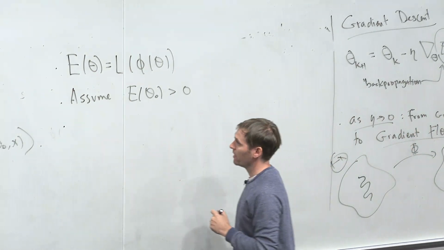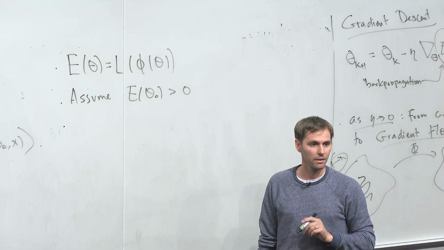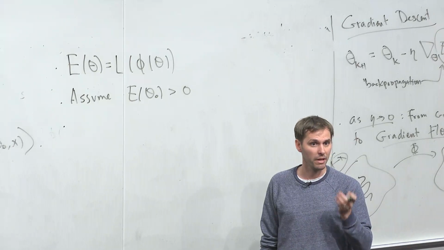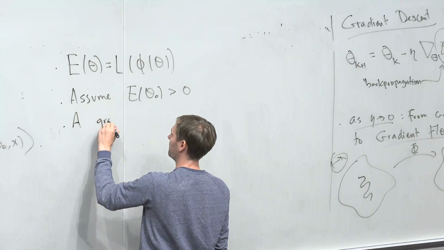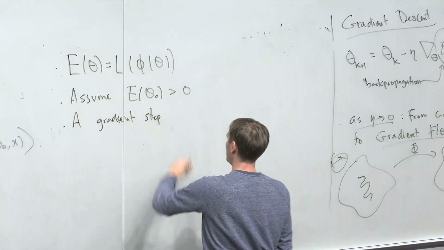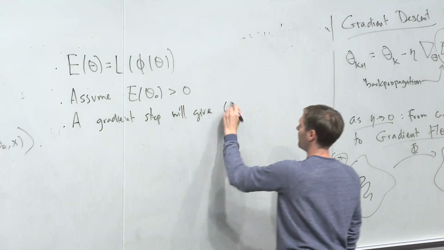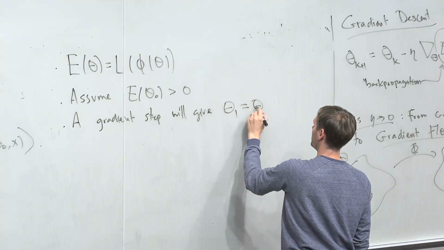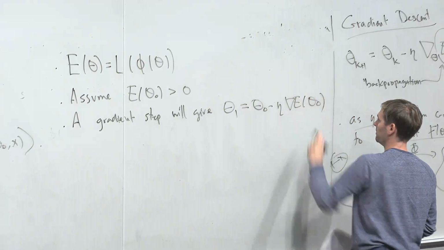So when we do a gradient step, when we move away from theta 0, a gradient step will give theta 1, which is theta 0 minus eta, the gradient of E at theta 0.